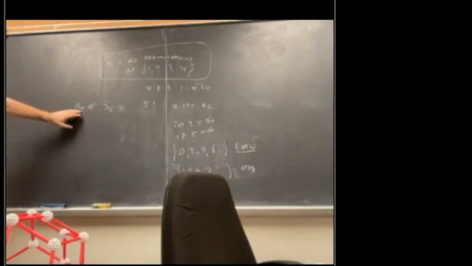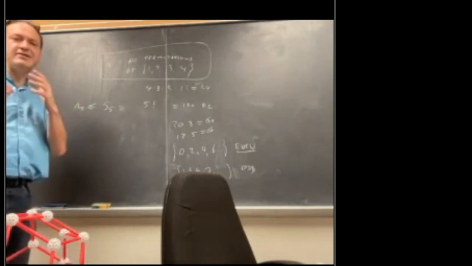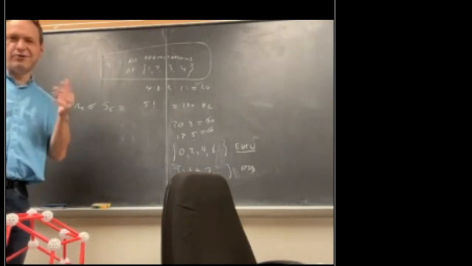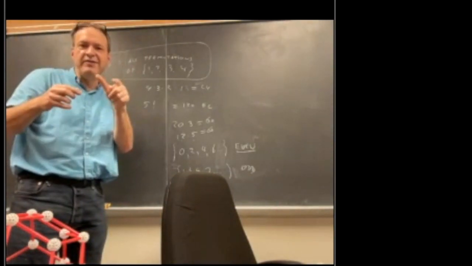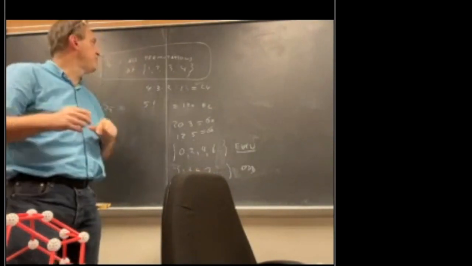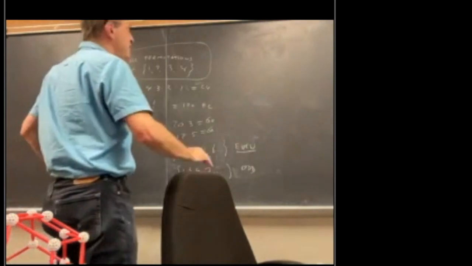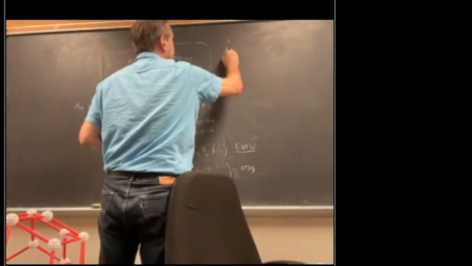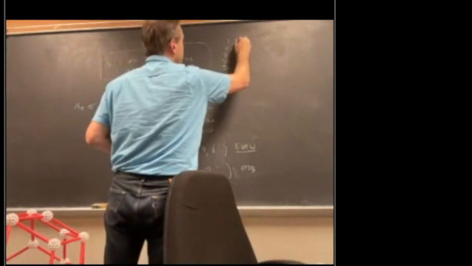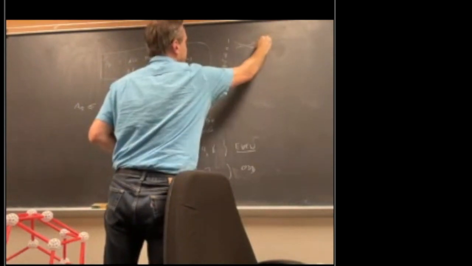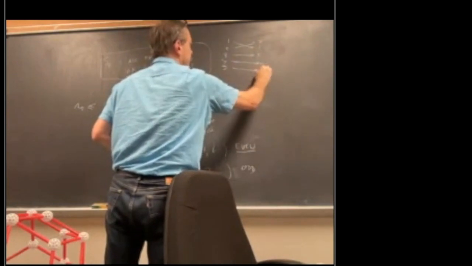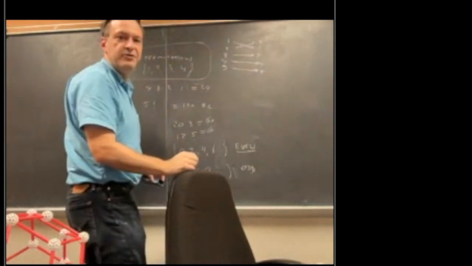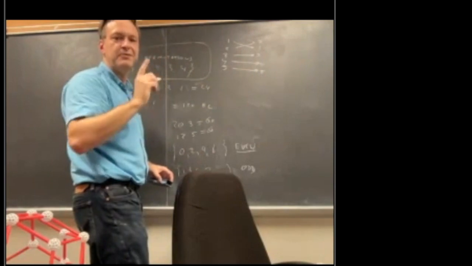Now this has a subgroup called A5, and the A stands for alternating. These are all the permutations that are quote unquote even. An even permutation is one that you can arrange with an even number of swaps. So for example, if I take 1, 2, 3, 4, 5, and I swap 1 and 2, now I've used one swap, which is odd.